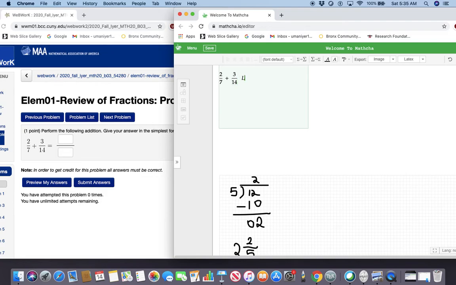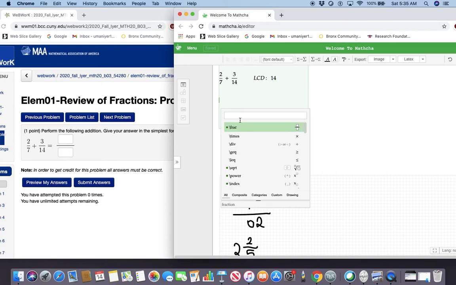So I'm going to find the least common denominator, which is the same as the least common multiple of the denominators, 7 and 14. Look for the bigger number, 14. Does 7 divide 14 evenly? Yes, 7 times 2 is 14. Does 14 divide 14 evenly? Yes. So that is the least common denominator.